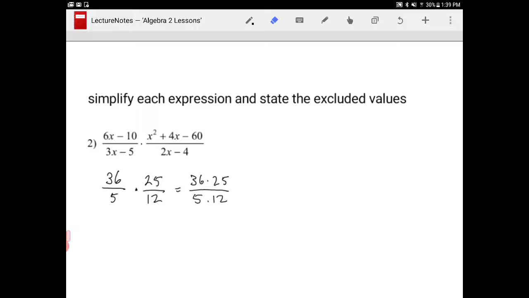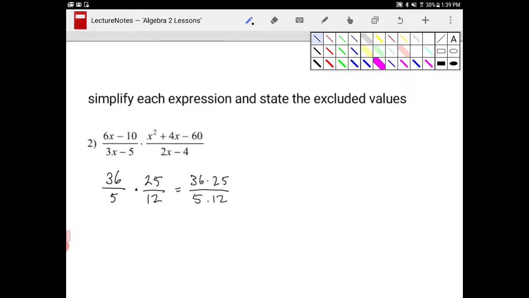Instead of multiplying 36 and 25 and dividing by 5 times 12, I can rewrite this as 6 times 6 times 5 times 5 over 5 times 6 times 2. Why is it important to consider this?